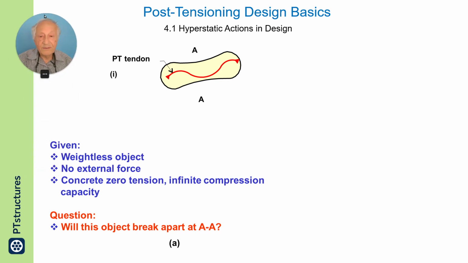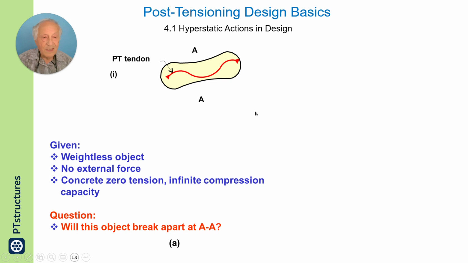Fine. Now I go to post-tensioning. There's a member that is post-tensioned but has no weight, a weightless member, floating in the air, and I keep on increasing the force in post-tensioning. I ask the question, is it going to break at AA if I keep on increasing the post-tensioning?